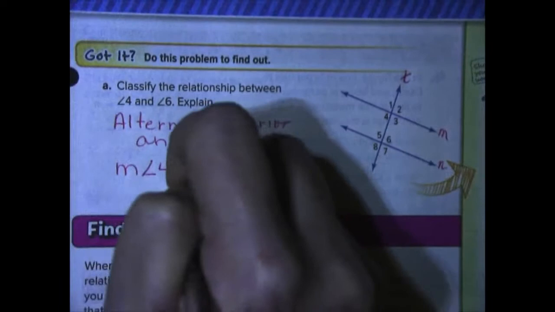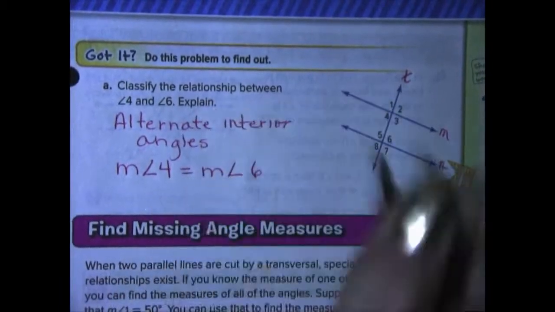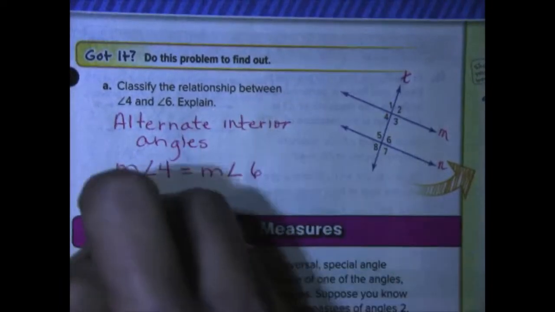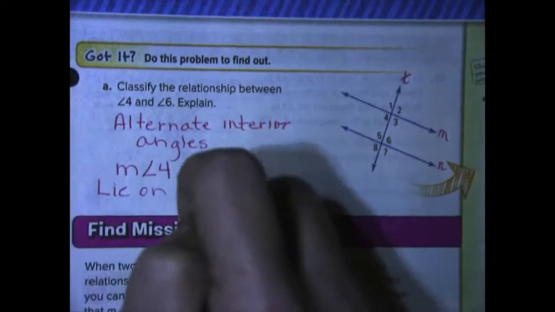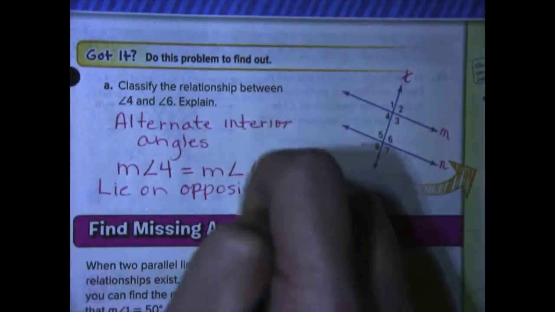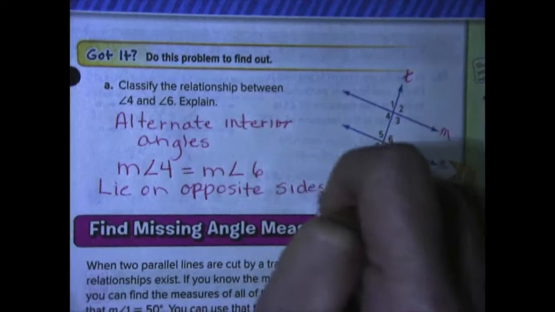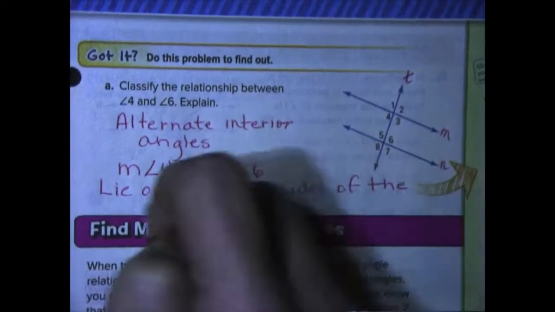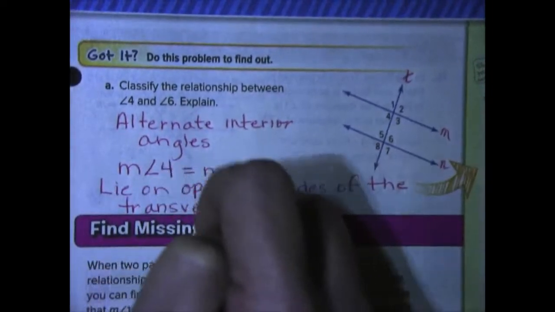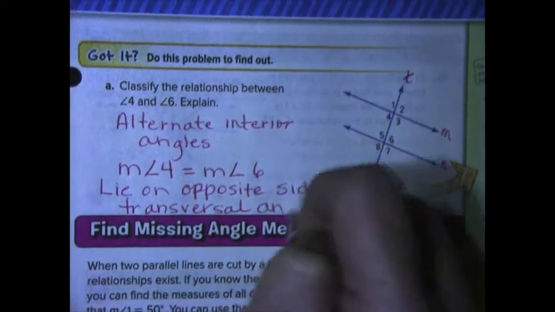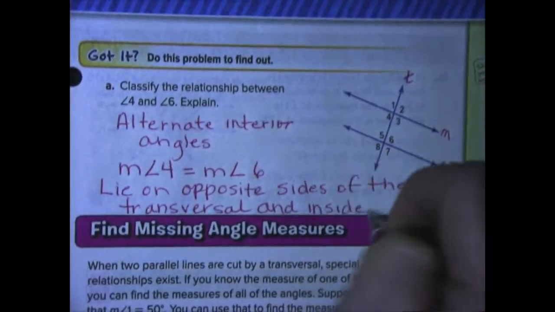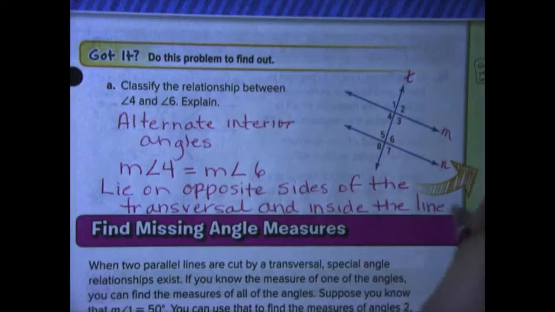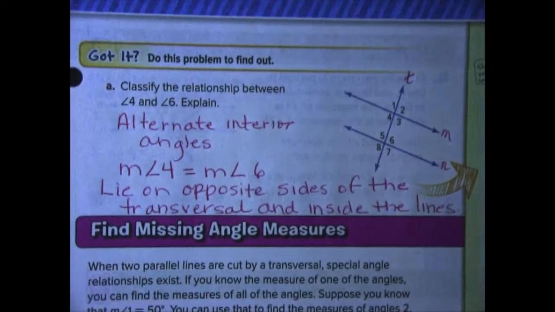Measure of angle 4 equals the measure of angle 6. They're alternate interior because they lie on opposite sides of the transversal and inside the lines. So if that came easy to you, that's great. If not, remember we'll be doing some more of them together in class.